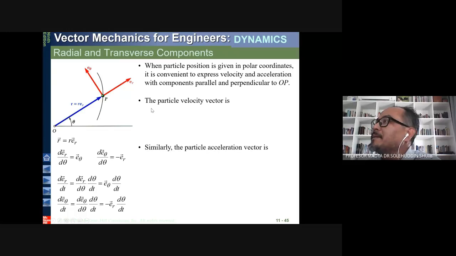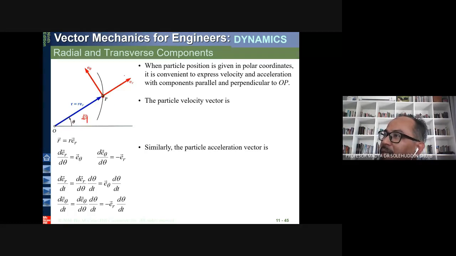Another concept that we need to use for this topic is radial and transverse components. For radial and transverse components, we have the particle moving along this line, starting from the origin. You have a certain angle, which is angle theta.